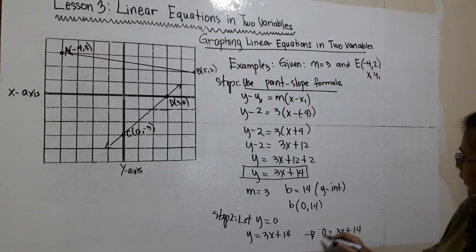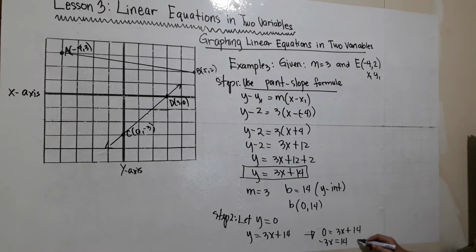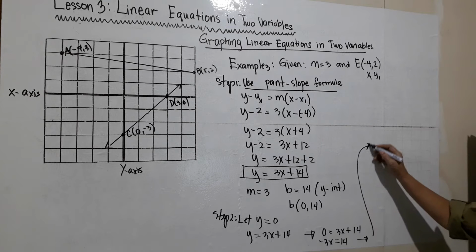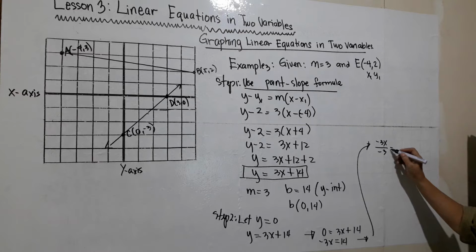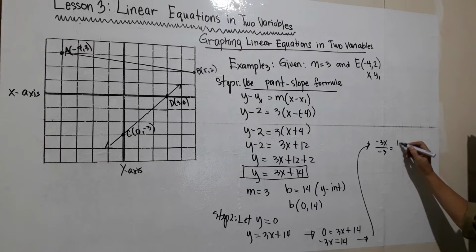Then we transpose: -3x equals 14. Then -3x over -3 equals 14 over -3.